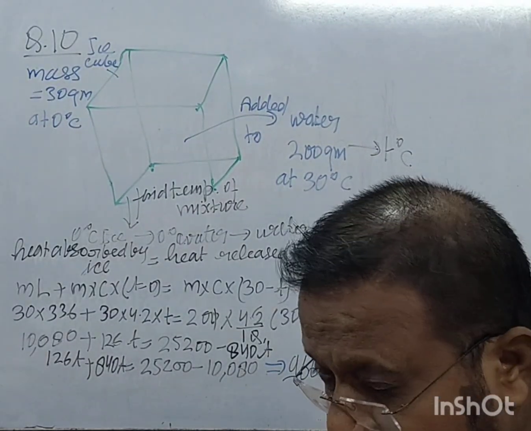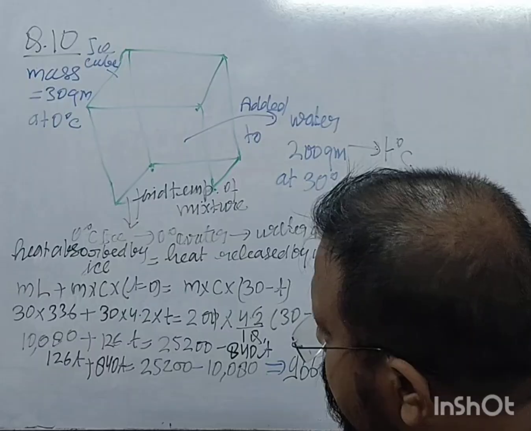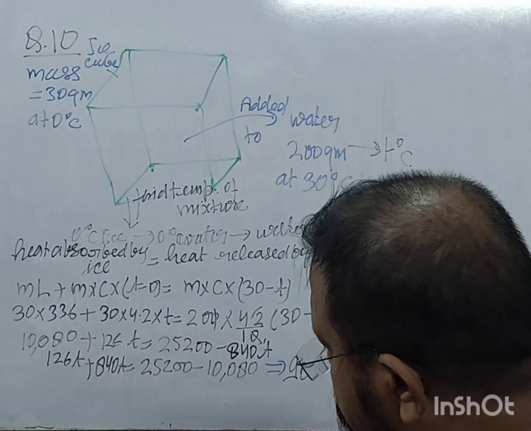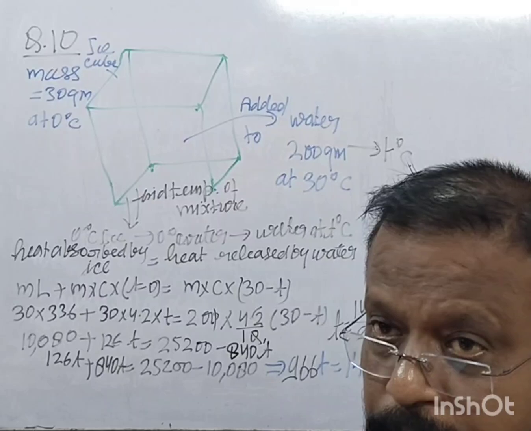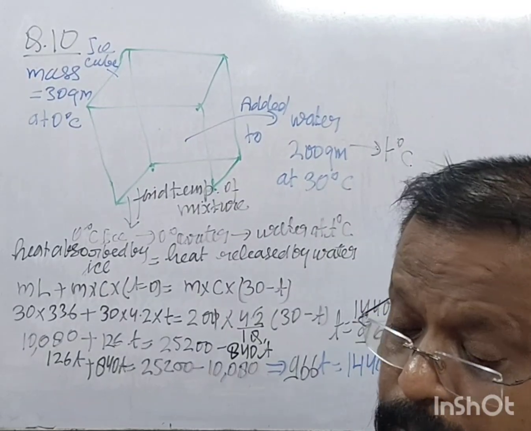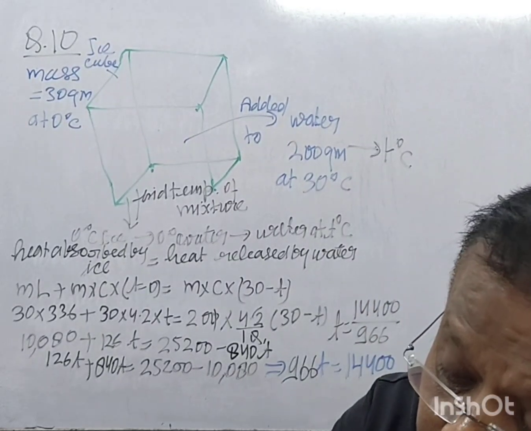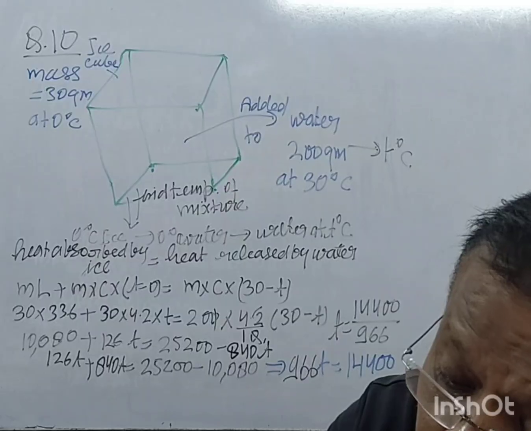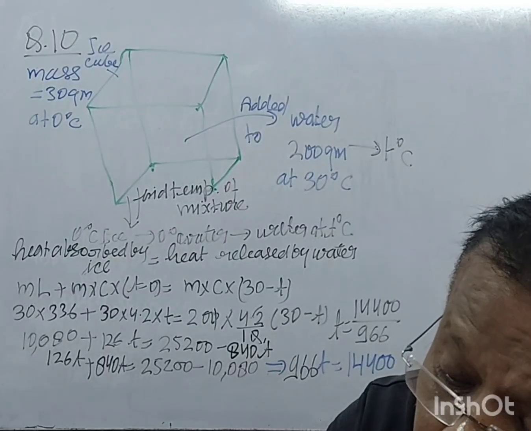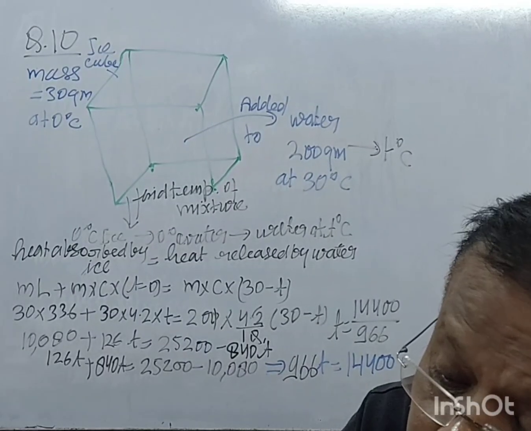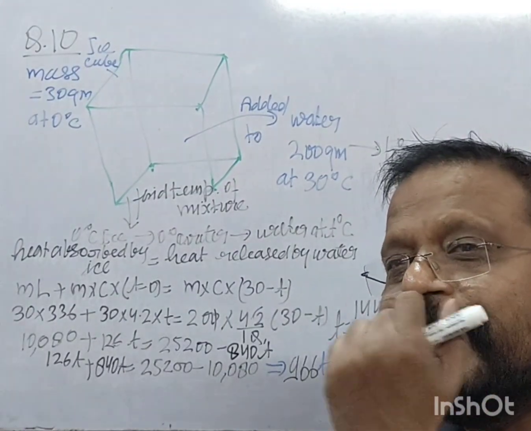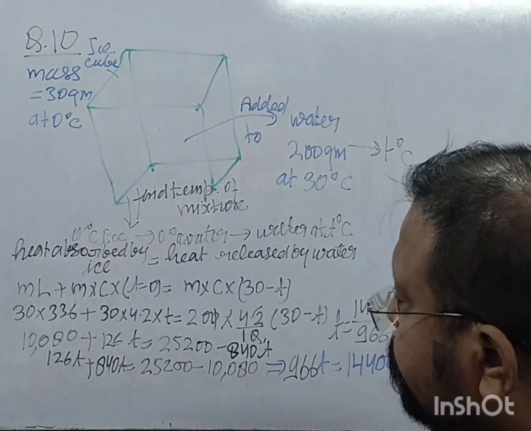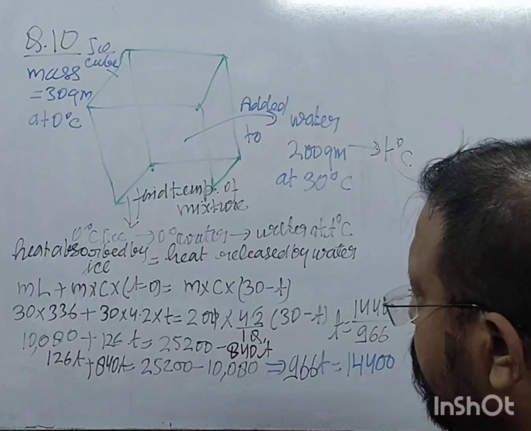What is the specific heat capacity? What is the latent heat of fusion? 80 calories. 80 into 4.2 gives 336 joule, so there is no problem with that, it is fine. So I made a mistake.